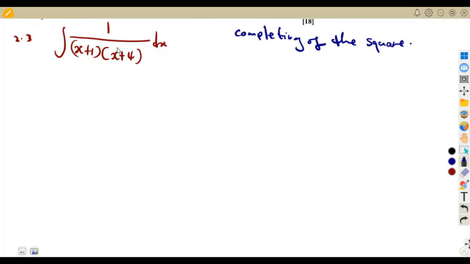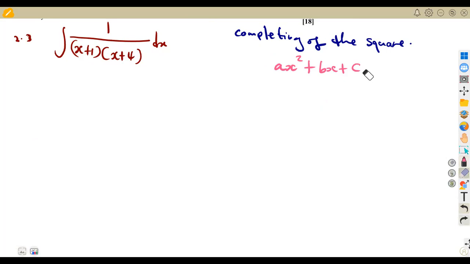When we were expanding 2 brackets, we were obtaining a quadratic expression, a trinomial of this nature, ax squared plus bx plus c. So the moment you expand this, you know that you're going to have a quadratic. So in your mind you must think of completing the square, because once you've got a quadratic expression, we have to complete the square.